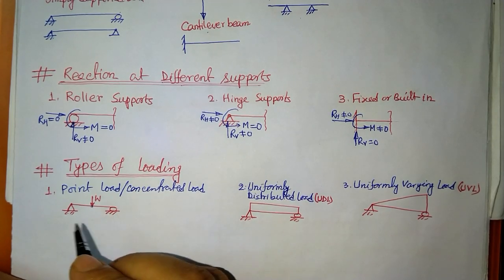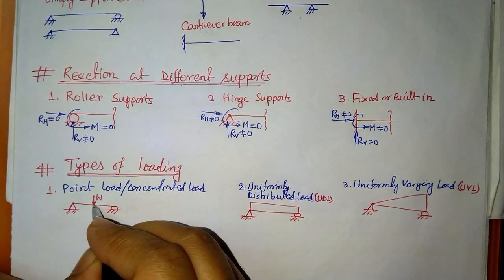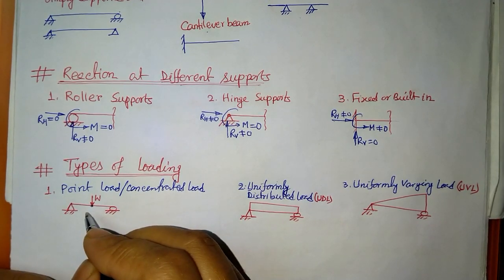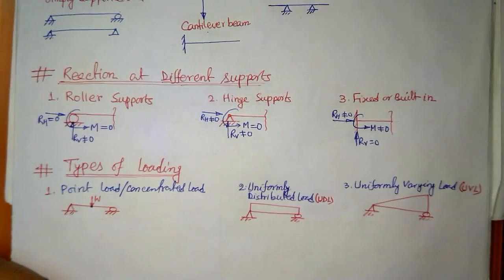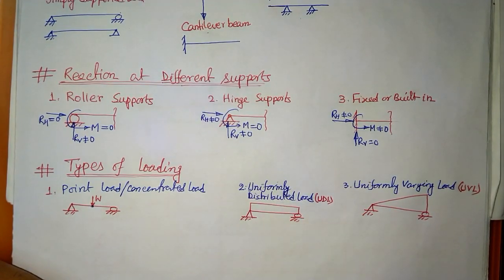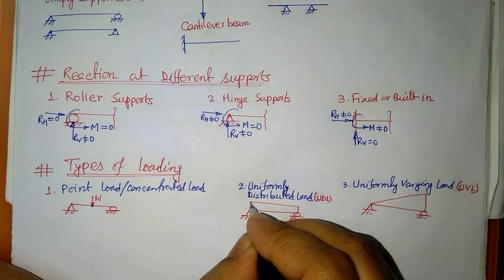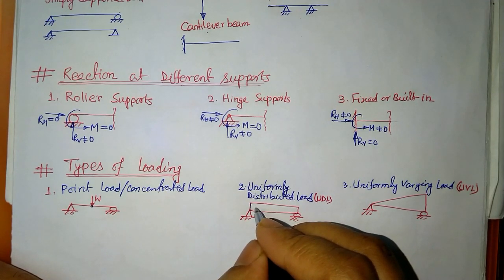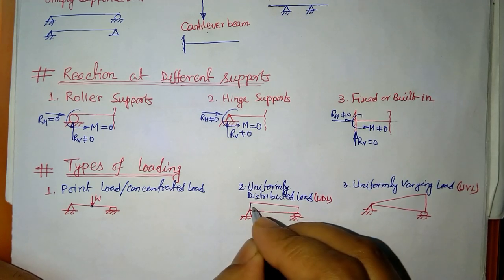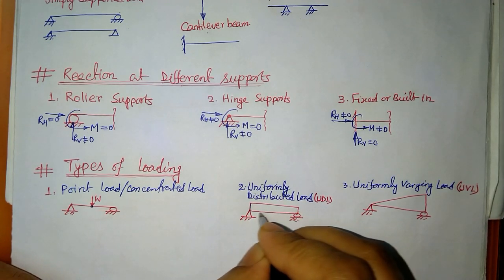Concentrated means the total load is concentrated at a point, that's why it is known as point load or concentrated load. Next we have uniformly distributed load. Uniformly distributed load means the total load is uniformly distributed through the beam.